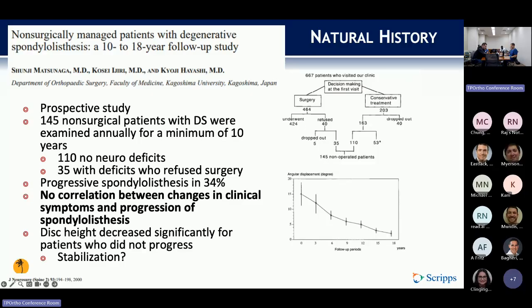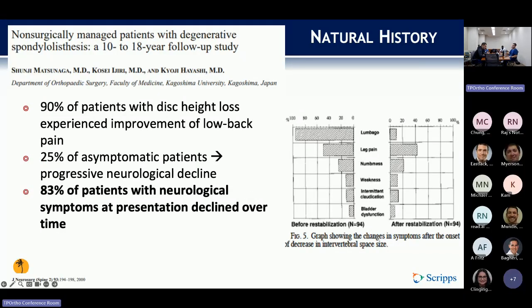Interestingly, the listhesis progressed radiographically in a third of the patients, but there was no clinically worsening back pain or claudicatory pain in these patients. 90% of the patients with disc height loss actually had their back pain improve over follow-up. So one could consider that concept of secondary stabilization of a segment as a potential source of this finding.